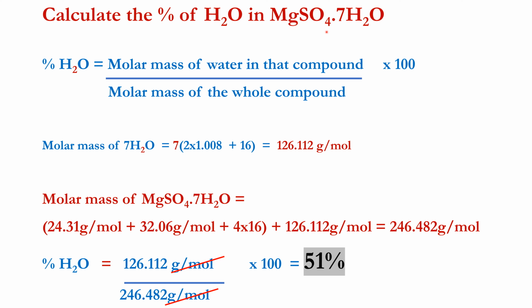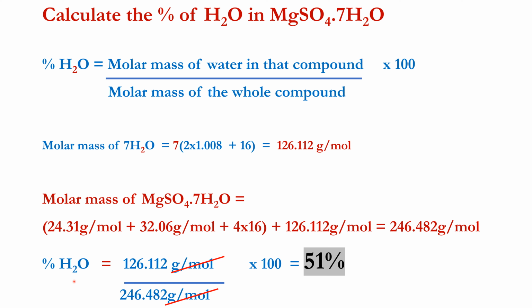This 4 because there are 4 oxygen atoms, plus 126.112 gram per mole, which is the molar mass for 7 water molecules. So if we add this up, we will get the molar mass of the whole compound, including 7 water molecules, to be 246.482 gram per mole.